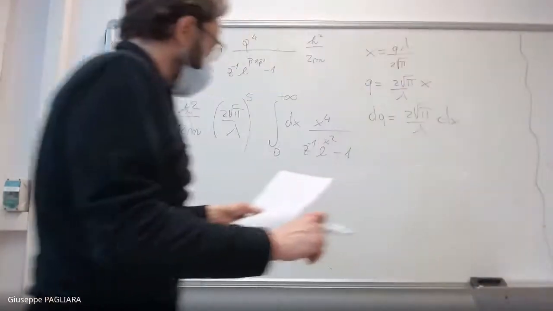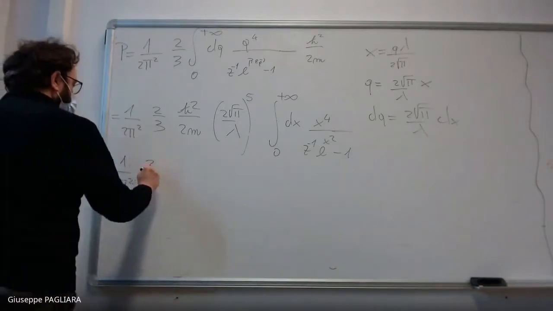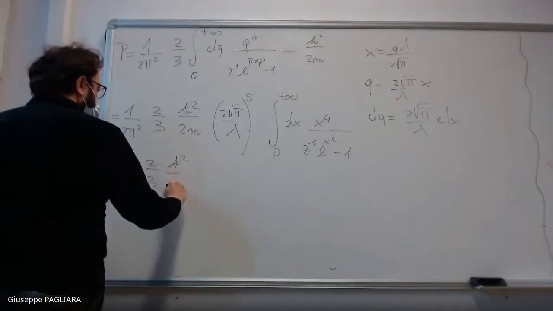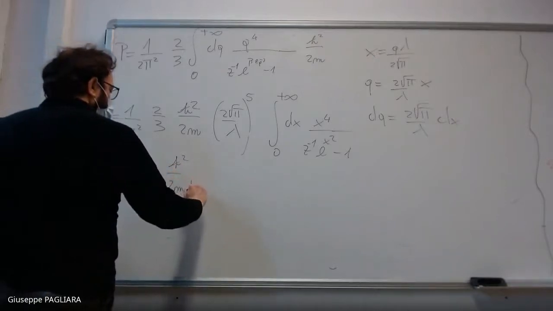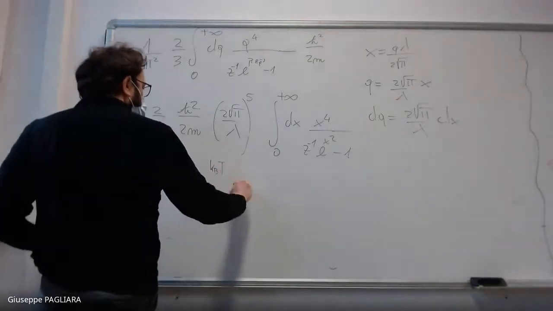Okay, just a moment. Two-thirds h squared divided by 2m. Let's put a kBT here, a kBT there.